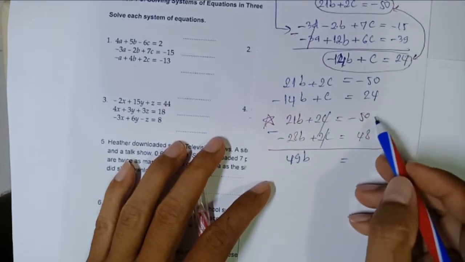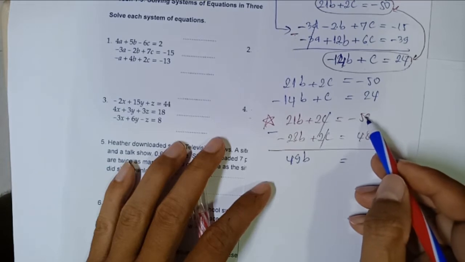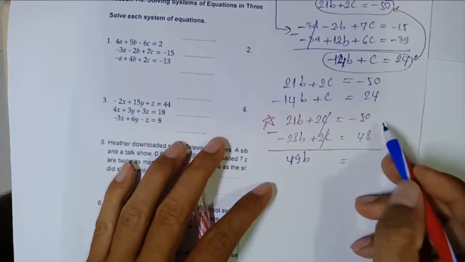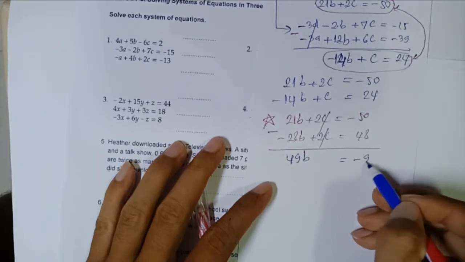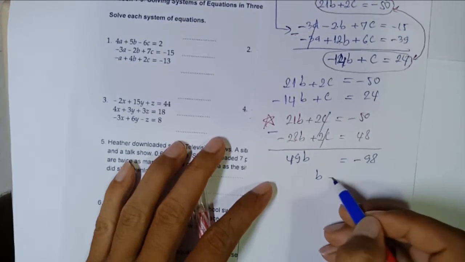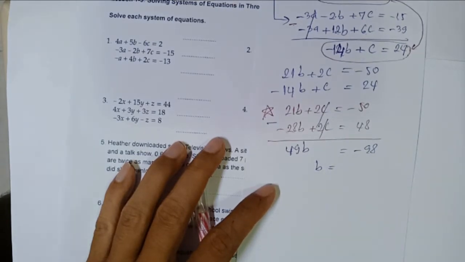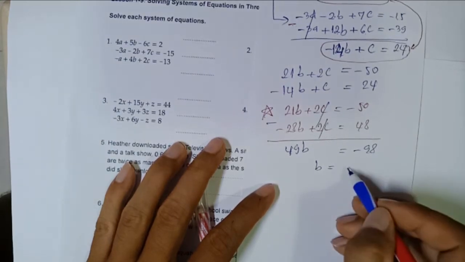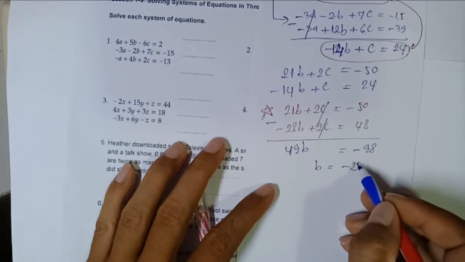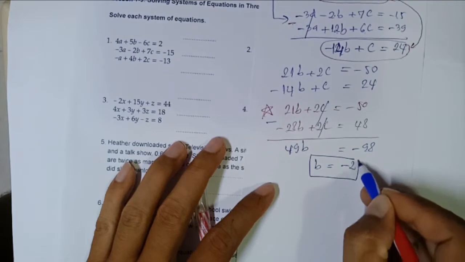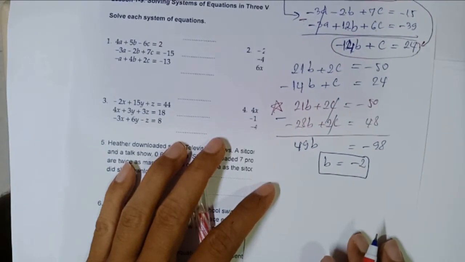And this will be minus 50 minus 48, you have minus 98. So to get B, B is equal to minus 98 divided by 49. So 98 divided by 49 will give you 2, or minus 2 in this case. So your B is minus 2. That's your B value, minus 2.